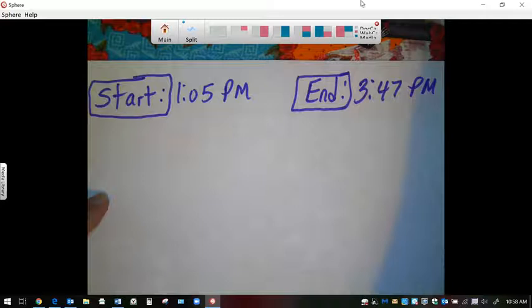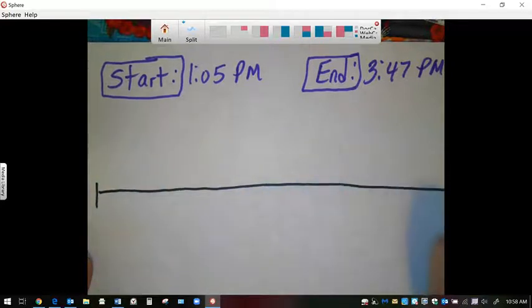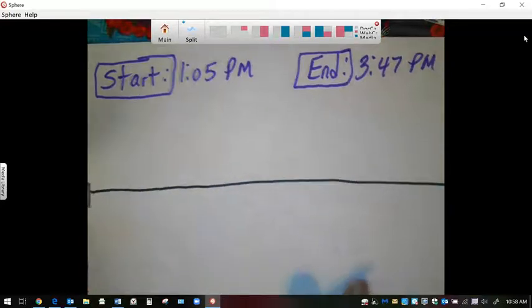All right, so what we're going to do is we're going to draw a number line. Let's see if I can make that smaller. All right, so we're going to draw a number line that is going to help us make a timeline. There you go.